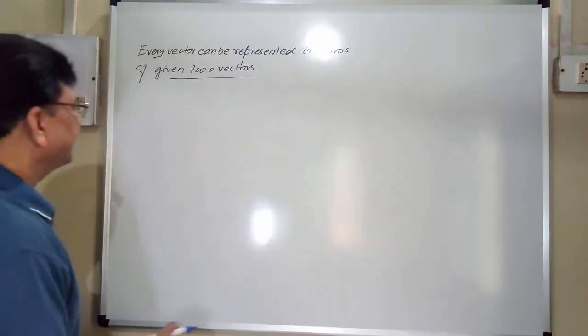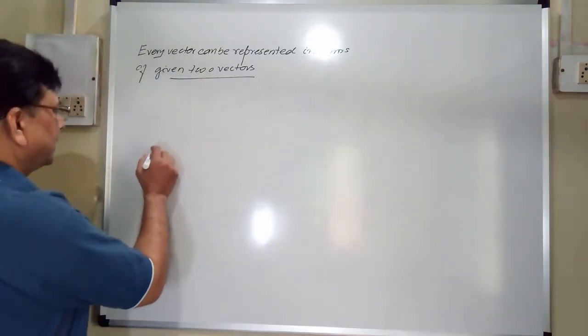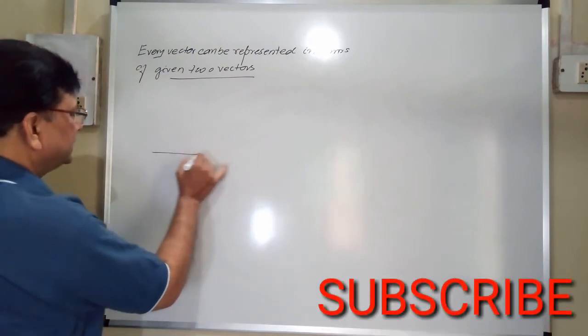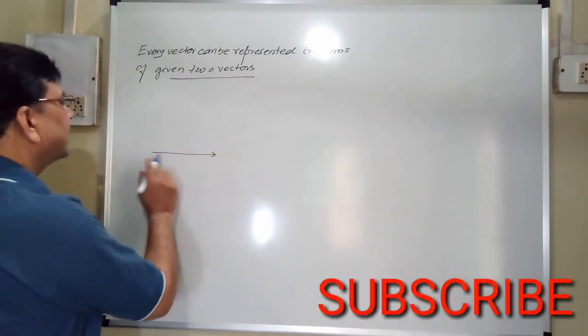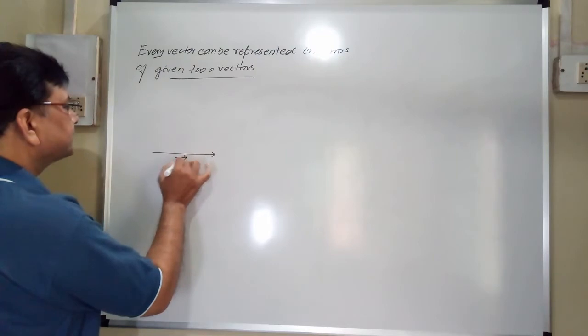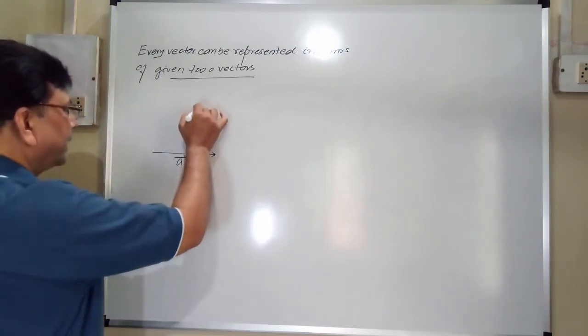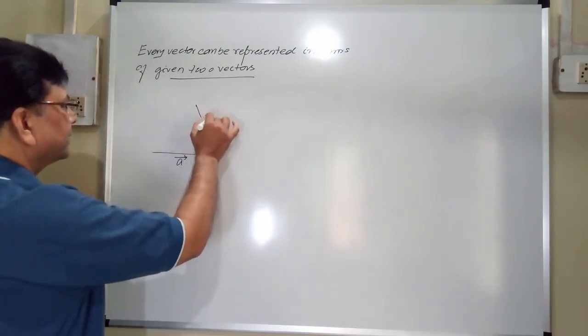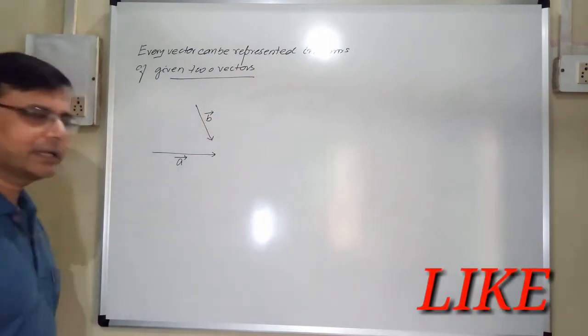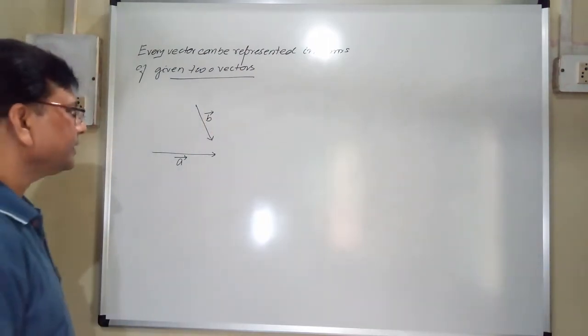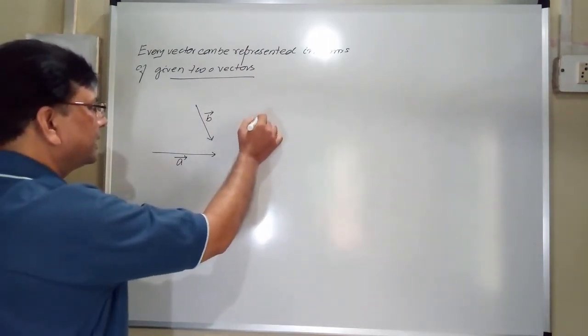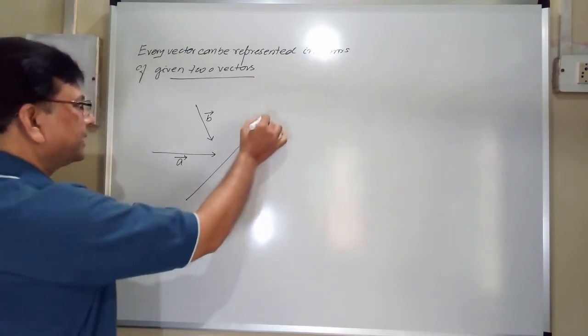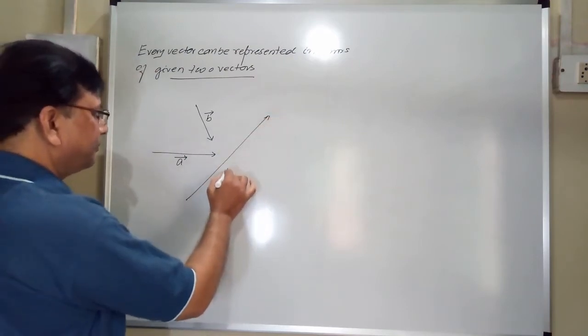You see, suppose this is the vector A and another vector B. Two vectors are given. And a third vector, suppose this vector P is there.